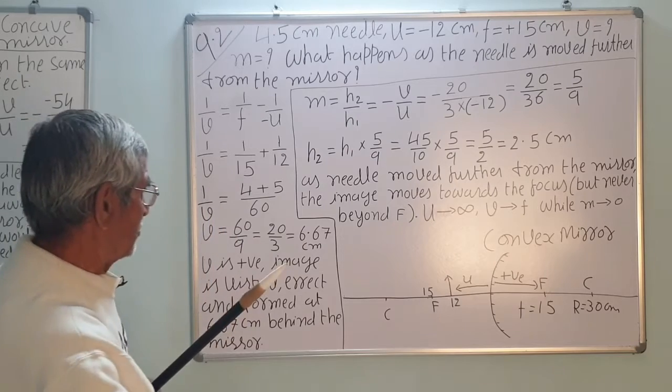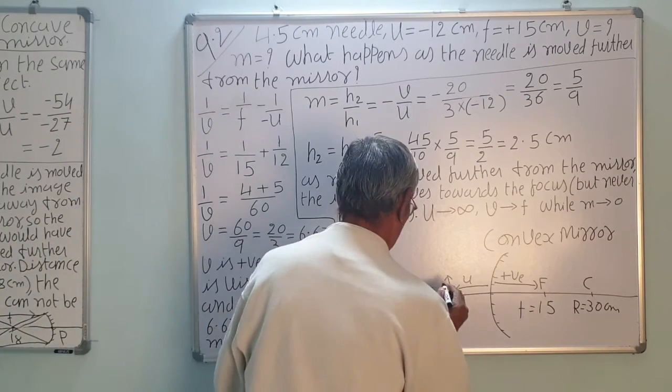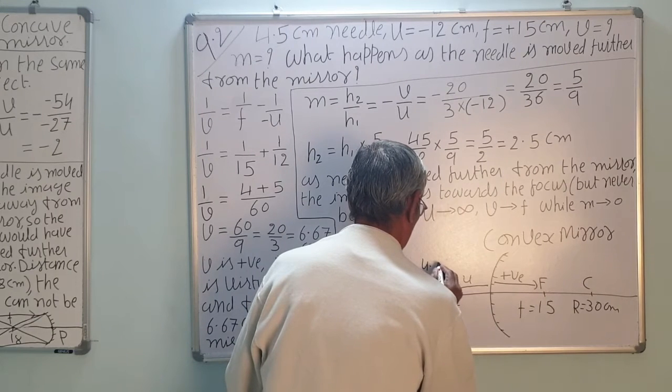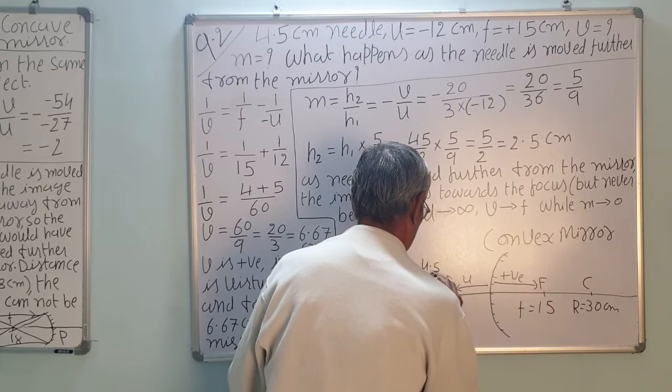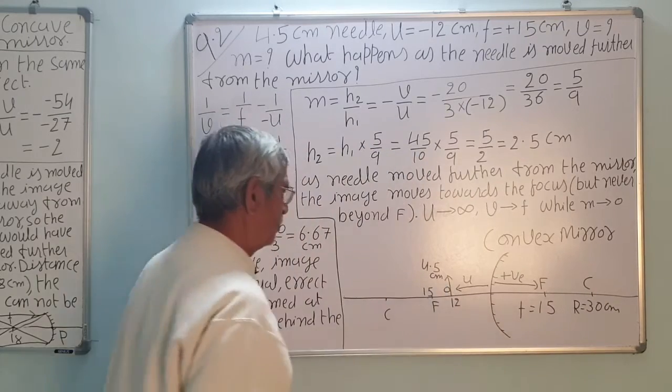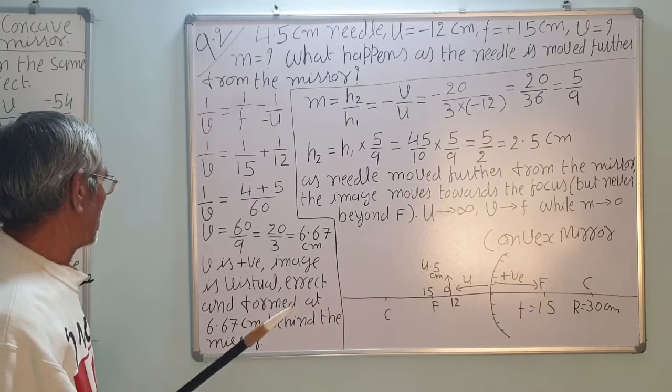Now object size is 4.5 centimeter. This is object O. Say O for object. Correct?